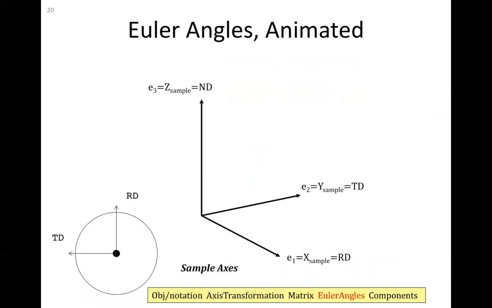And we have an animation here. So here we have our sample axes, and here we have our crystallographic axes, our 100, 010, and 001, the A, B, and C crystallographic directions if it's cubic.